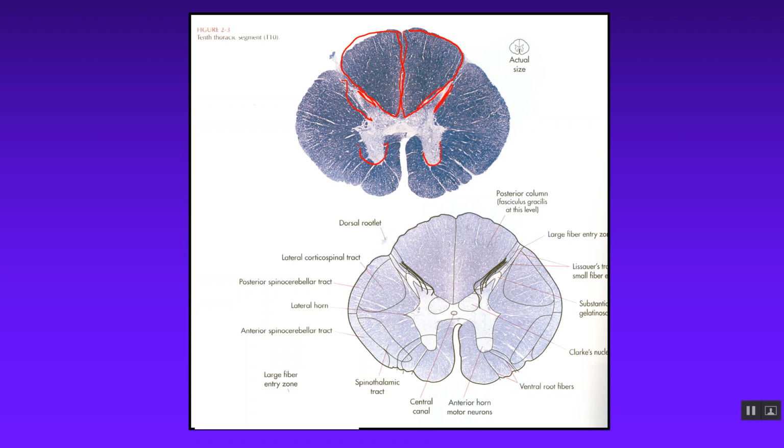That means we're probably mid-thoracic somewhere, because all we have to do is get a little bit of sensory information from this little strip of skin around our trunk, and only supply a few intercostal muscles, maybe parts of our abs and paraspinal muscles. So there's not a lot of cells in there, and pretty small gray matter. We do have a little lateral horn on each side, so we're definitely where we have some sympathetic outflow going on.